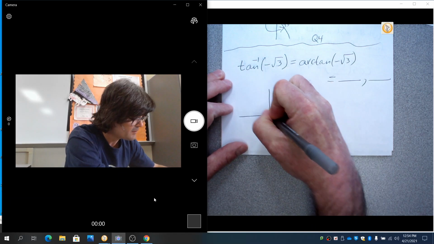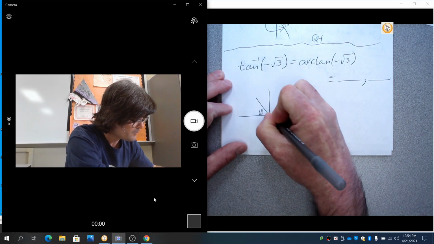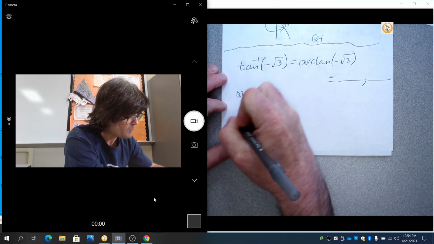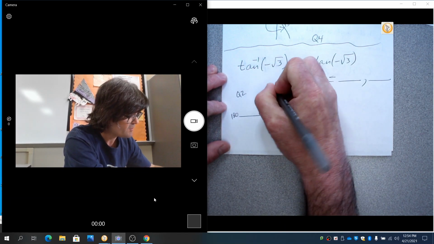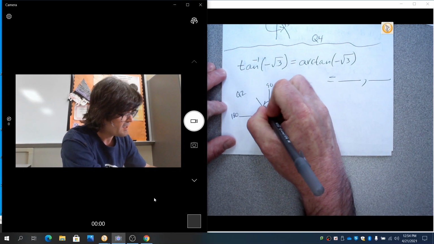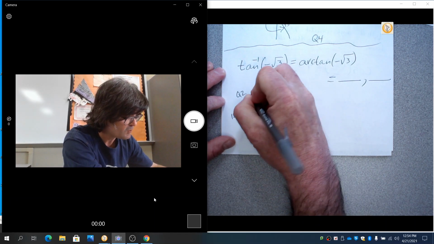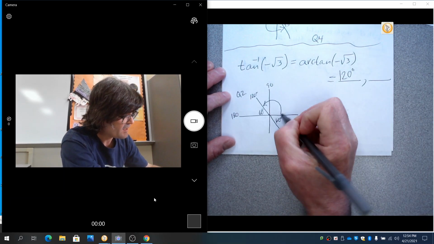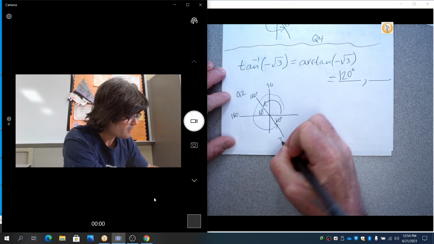So here's 60. There's 60. This is quadrant 2. That's 180, 90, and so forth. So this angle is 60 back from 180, so that's 120. And then this angle is 300.